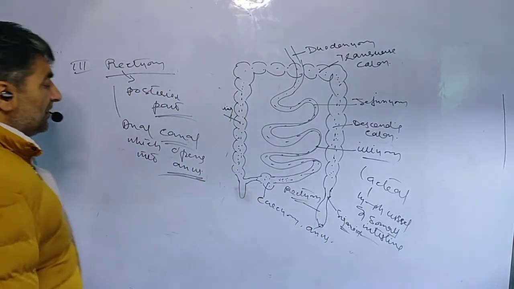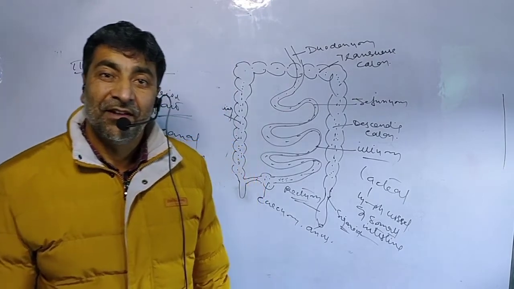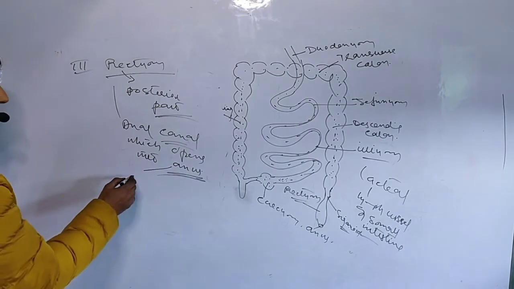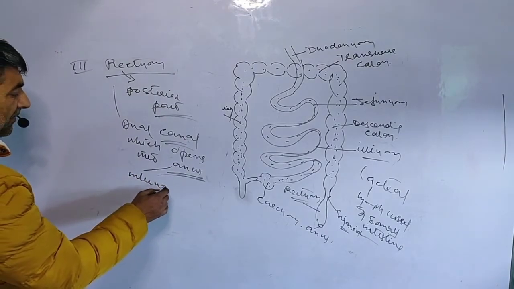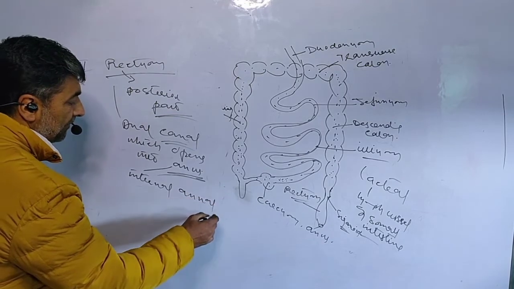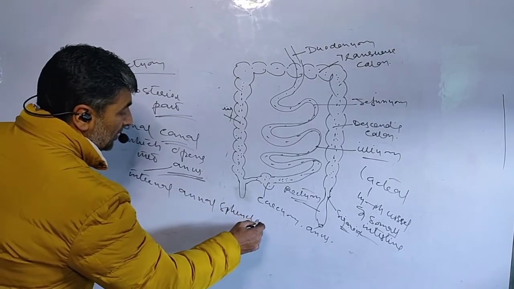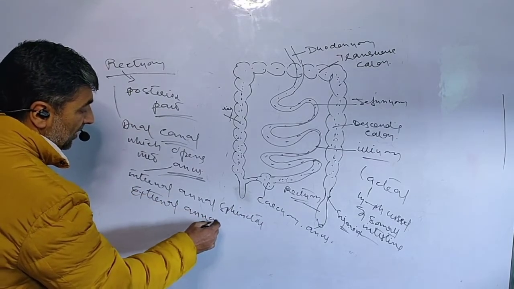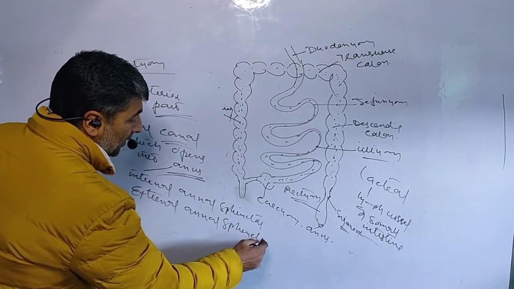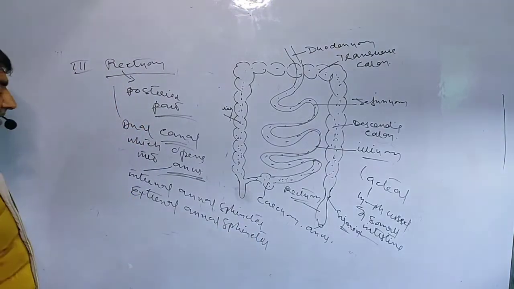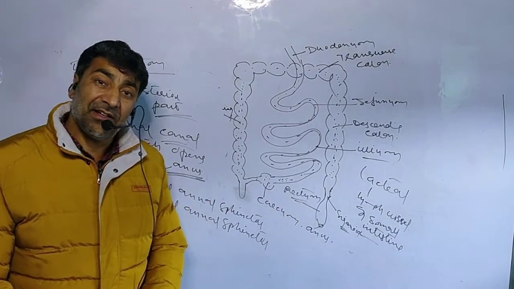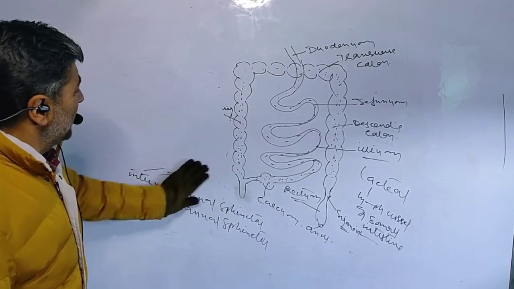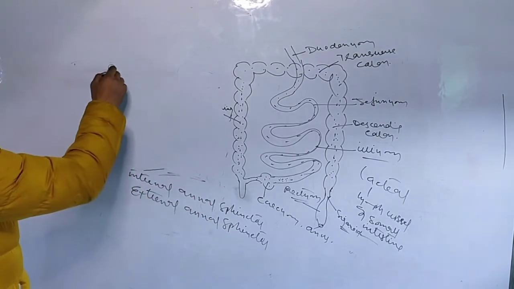The anus has two sphincters, the internal anal sphincter and the external anal sphincter. So what is the function of the rectum?